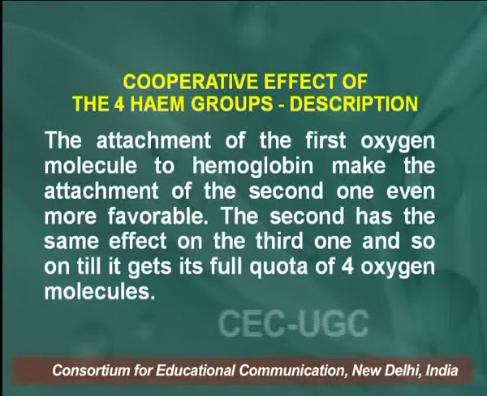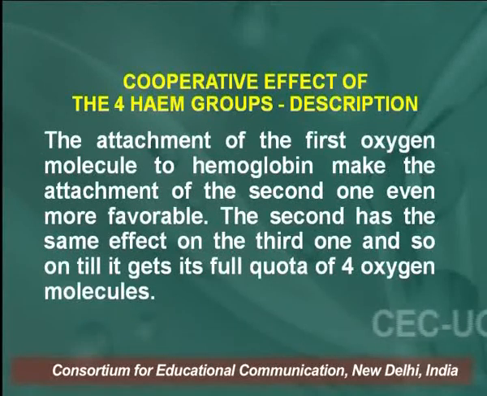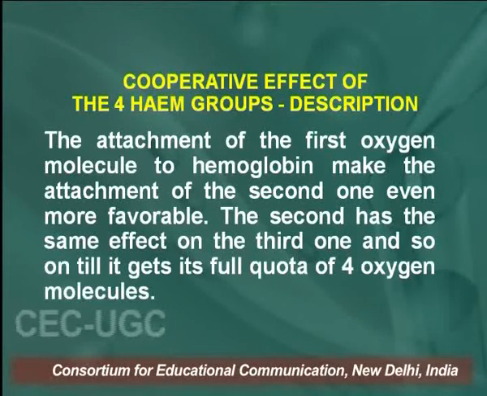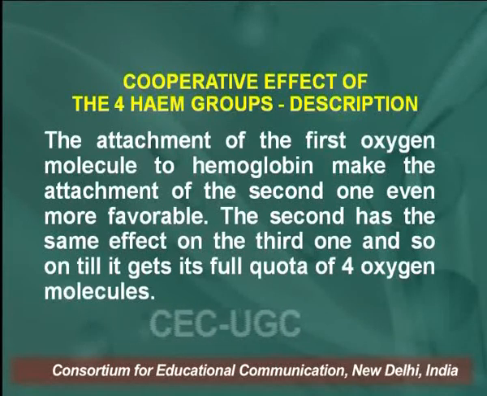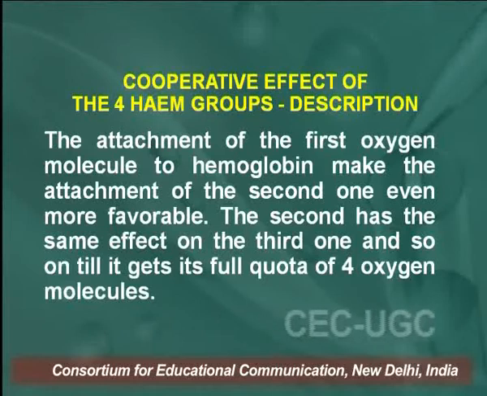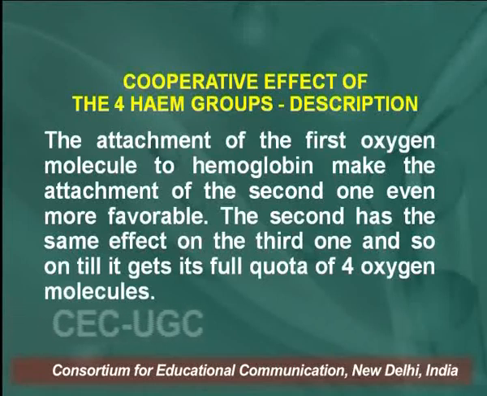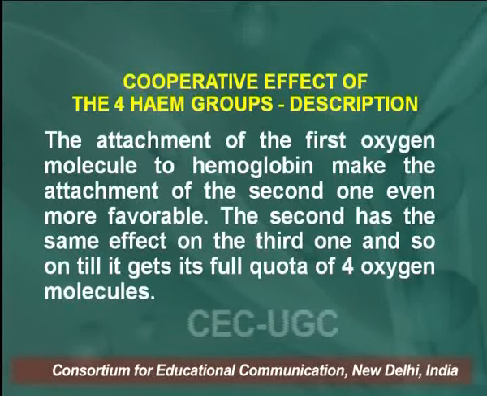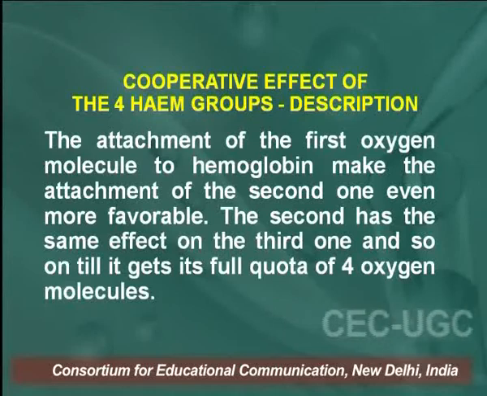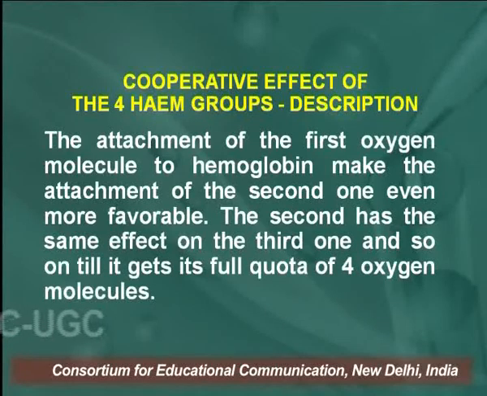The attachment of the first oxygen molecule to hemoglobin makes the attachment of the second one even more favorable, because the structure is changing from tense to relaxed. The second has the same effect on the third one, and so on till it gets its full quota of four oxygen molecules, as we can see in this diagram.